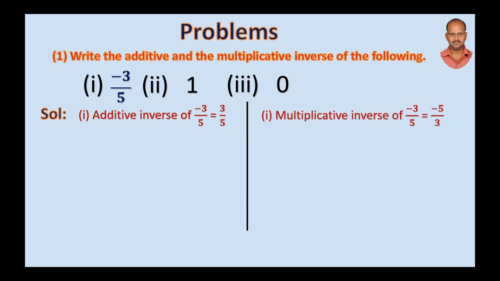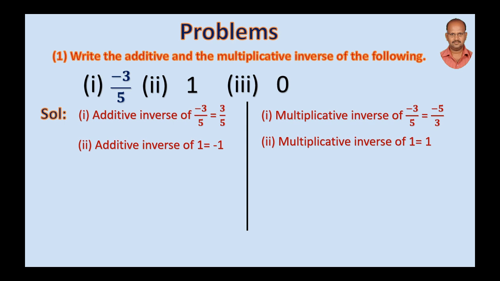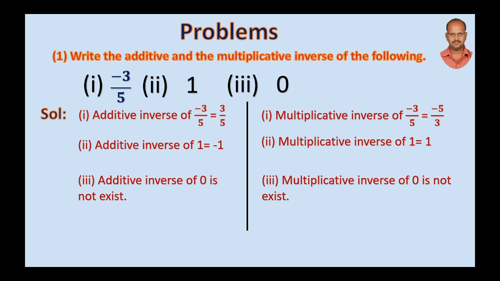Multiplicative inverse of minus 3 by 5 is equal to minus 5 by 3. Second question. Additive inverse of 1 is equal to minus 1. Multiplicative inverse of 1 is equal to 1. Third one. Additive inverse of 0 does not exist. Multiplicative inverse of 0 also does not exist.